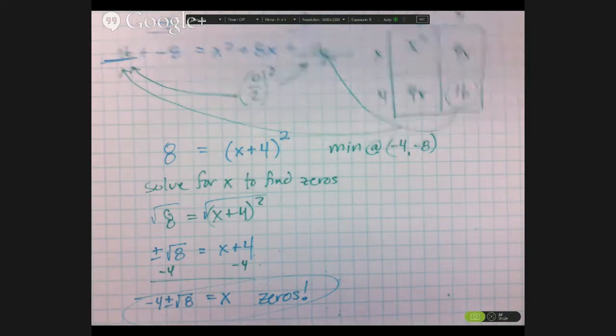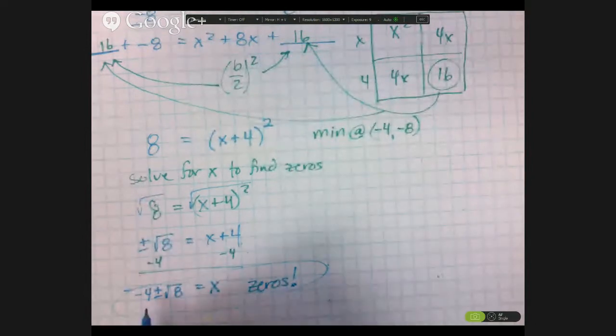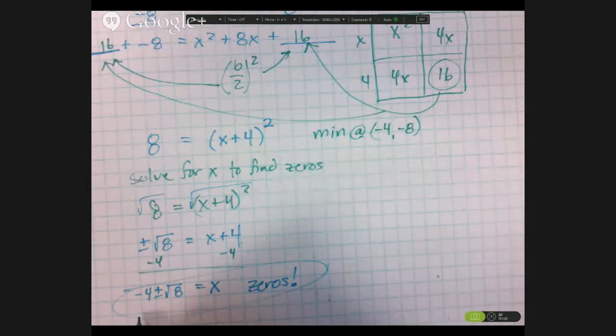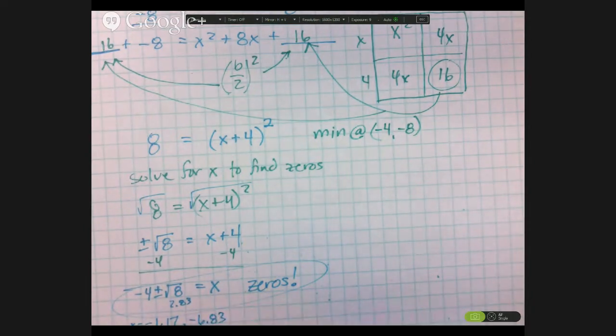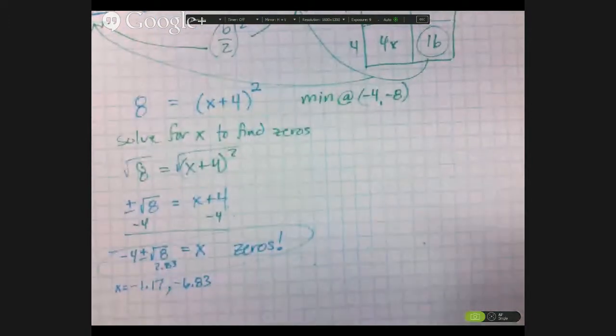Okay, what are the decimals of that? Okay, so that's 2.83. So -4 plus 2.83 is like -1.17 and -6.83. You can leave it, yes.